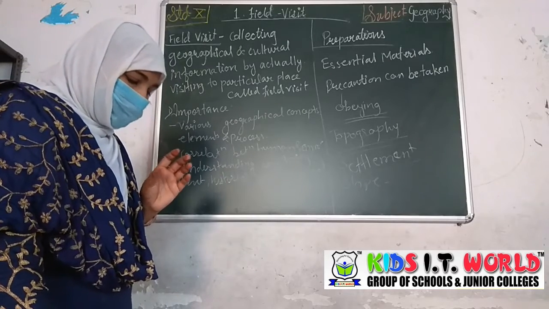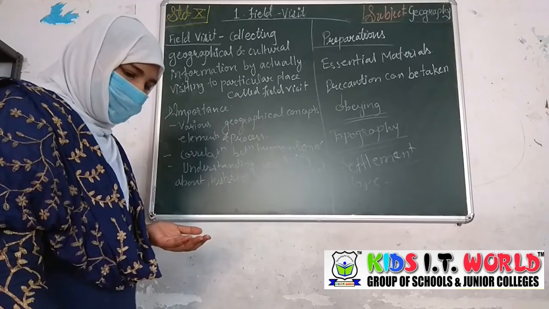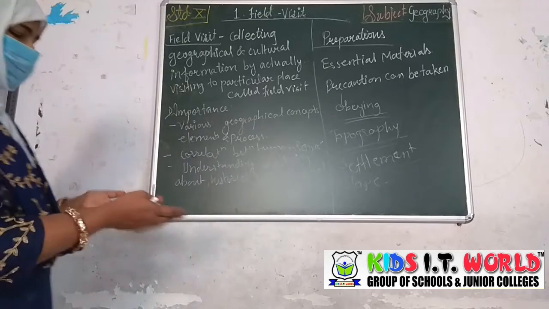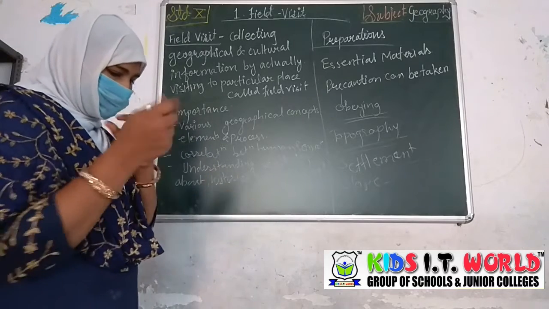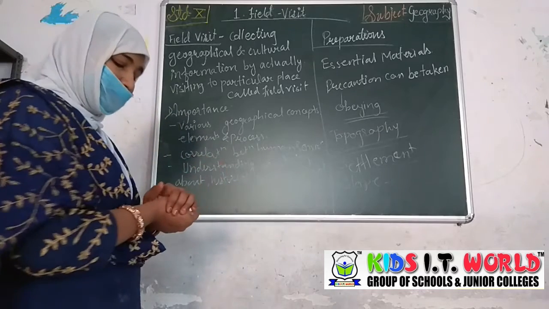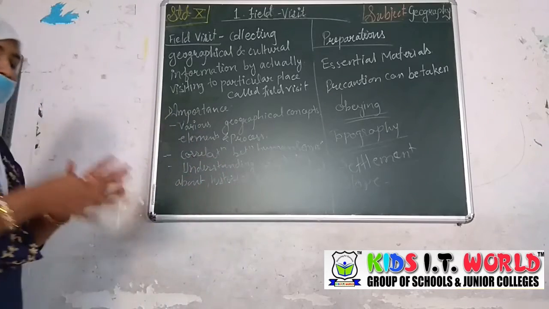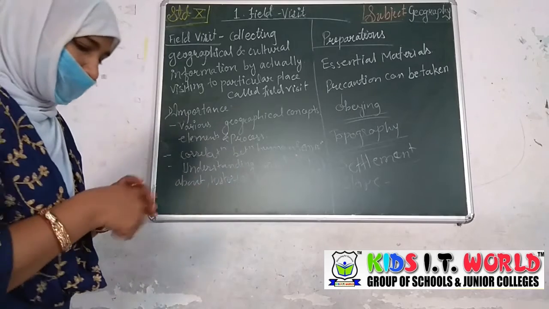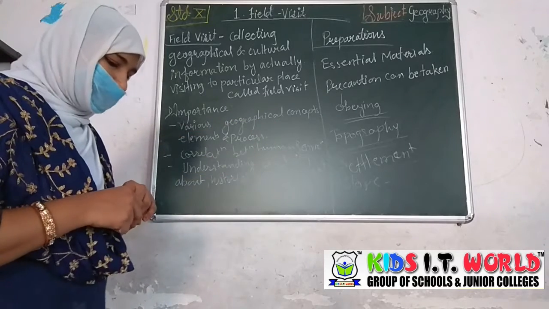Okay. The types of houses made up of mud and wood are visible to them. So that type of settlement they observe, and the teacher told them what kind of settlement it is. It is a linear settlement. Okay, in that way they conclude that it is a linear settlement.